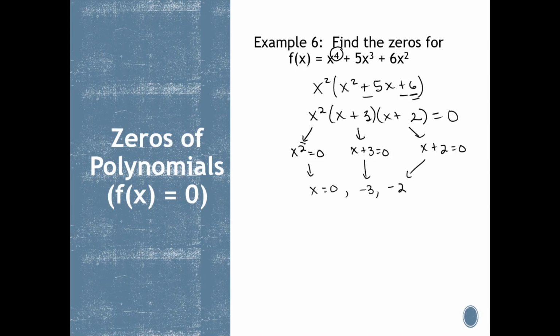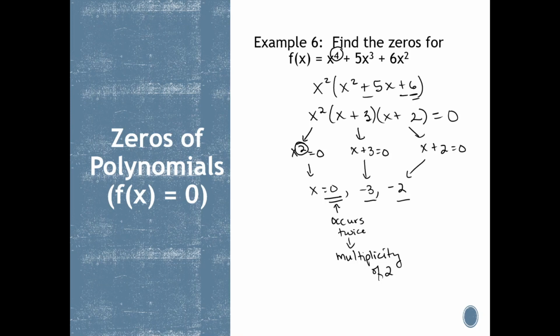Well, that's because the 0 here was squared, so this one right here occurs twice. What we call that is it has a multiplicity of 2. So if it occurs twice, and then I have a negative 3 and a negative 2, now I do have 4 altogether. One of them was just repetitive.